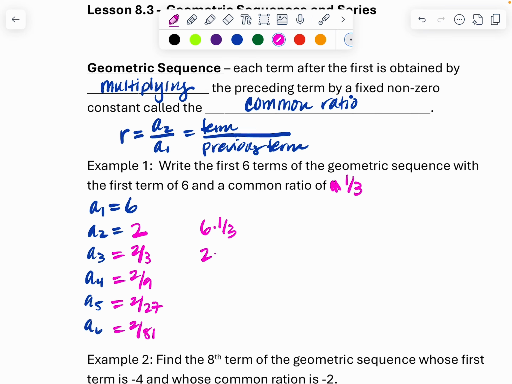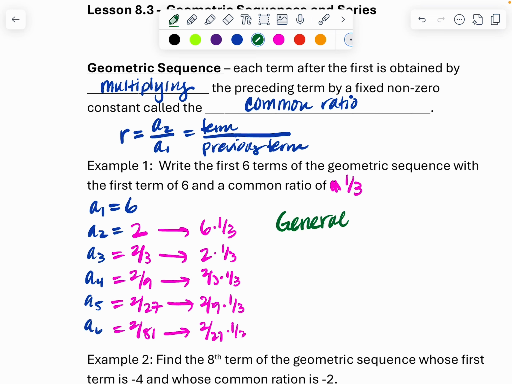So you just do that each time: the previous term times 1/3, the previous term times 1/3, and the previous term times 1/3. Very straightforward.